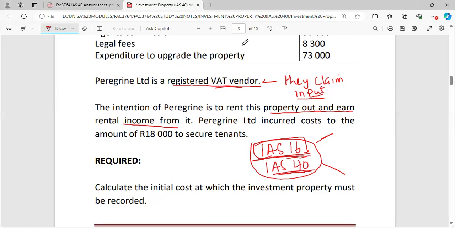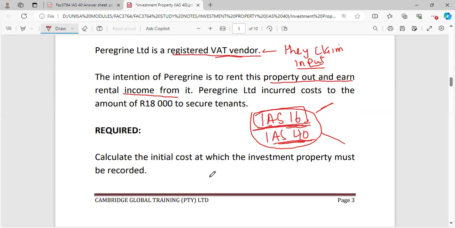So that's basically another key area, because these guys need to consolidate the question. So we should be very careful when we read the question, whether it's investment property or PPE, right? So the question requires us to calculate the initial cost at which the investment property must be recorded.